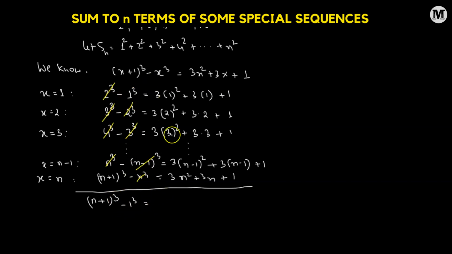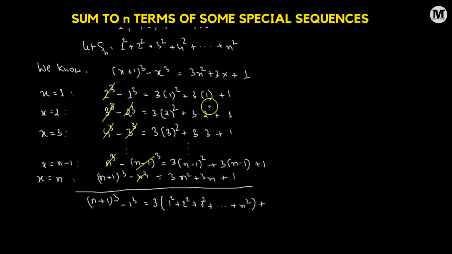That will now be equal to, now let's see one thing. If we add the first term of each of the expressions on the right-hand side, we see that 3 is a common factor. So we're going to take 3 as the common factor. So 3 gets multiplied to 1² plus 2² plus 3² plus all the way up to n².